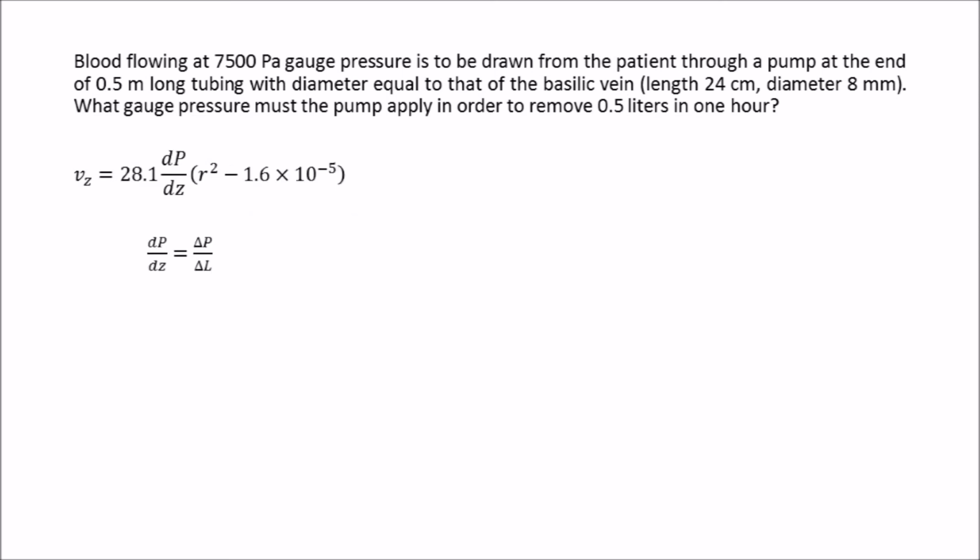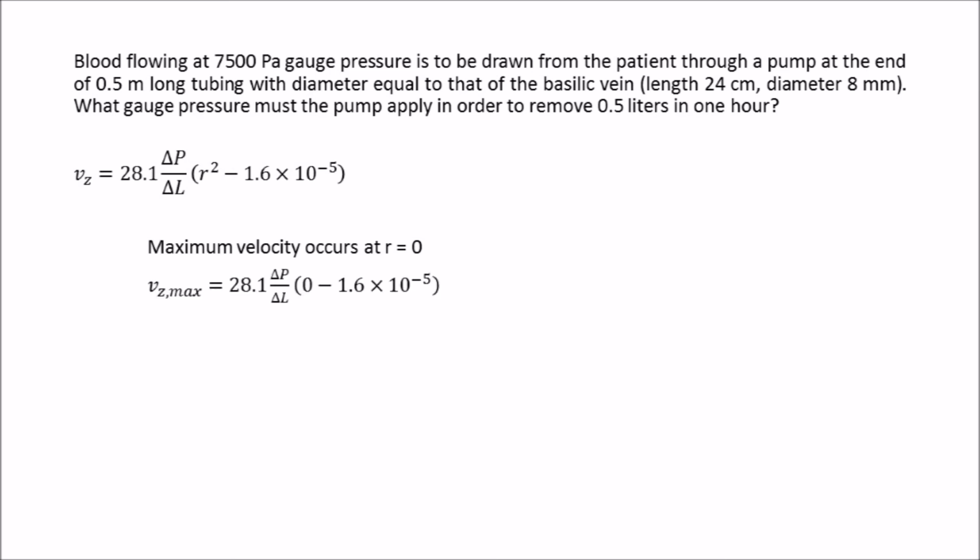We can represent the pressure derivative in the z direction as delta P over delta L. Because the flow profile that we determined is parabolic, we know that its maximum occurs when r is equal to 0. Evaluating our expression at r equal to 0, we get a simplified expression for Vz max.